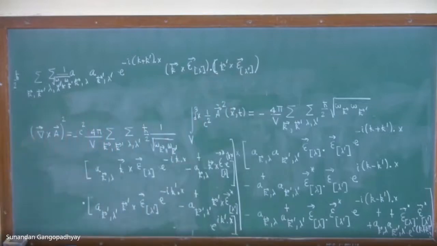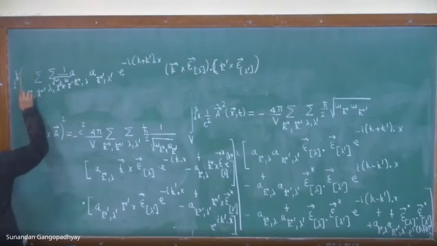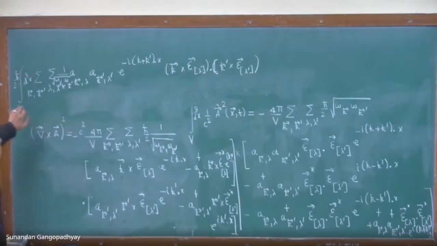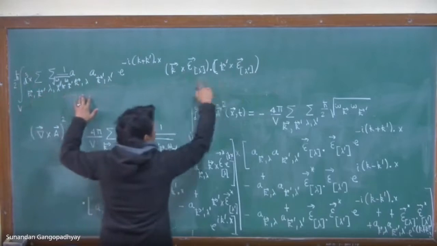And on top of that, you should also remember that there is an integral over volume V dx. This you can do in a straightforward manner, because all these terms do not have any x's.